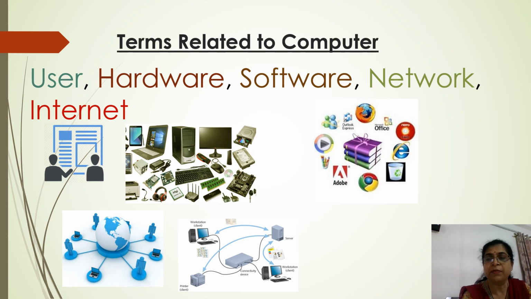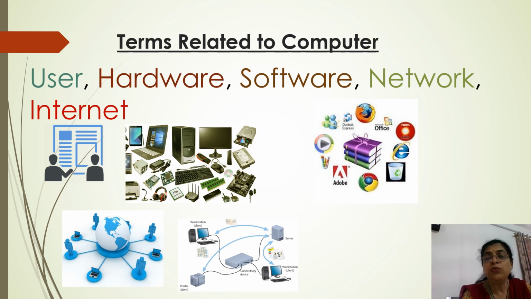Now, what is hardware? Hardware means the parts of the computer which you can touch, feel, or see. It includes the monitor, the CPU, keyboard, mouse, the chips, the microphone, the printer, all the parts of the computer. Whereas software means the instructions or the programs which are used on computers to get the output or to get the process done by the computer.